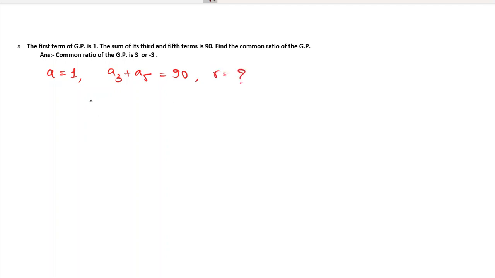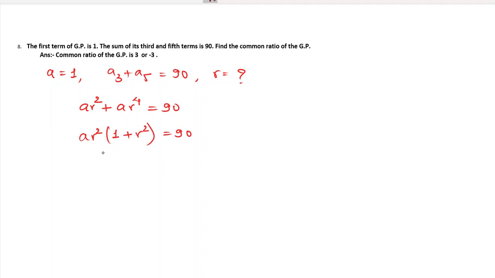Okay, A3 plus A5. How can I write A3? AR square, plus how can I write the fifth term A5? AR raised to 4, and that is 90. So if I take out AR square common, what will be left inside? 1 plus A is already out. I will be left with R square, right?